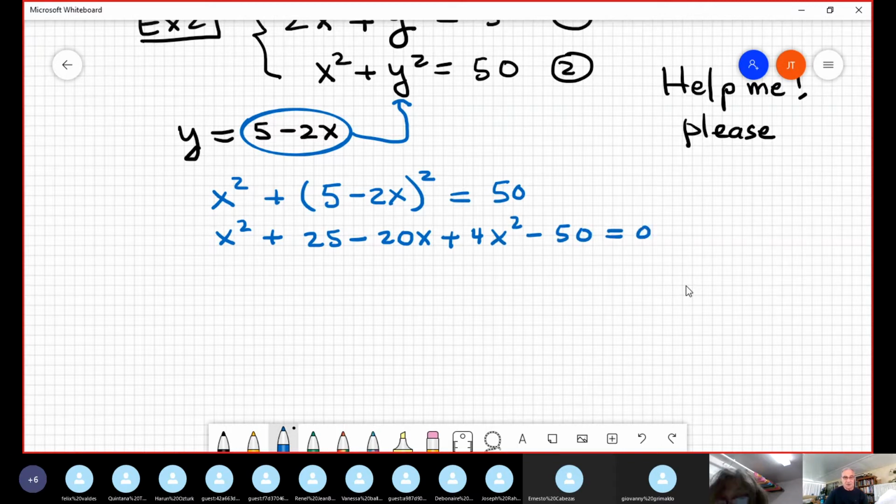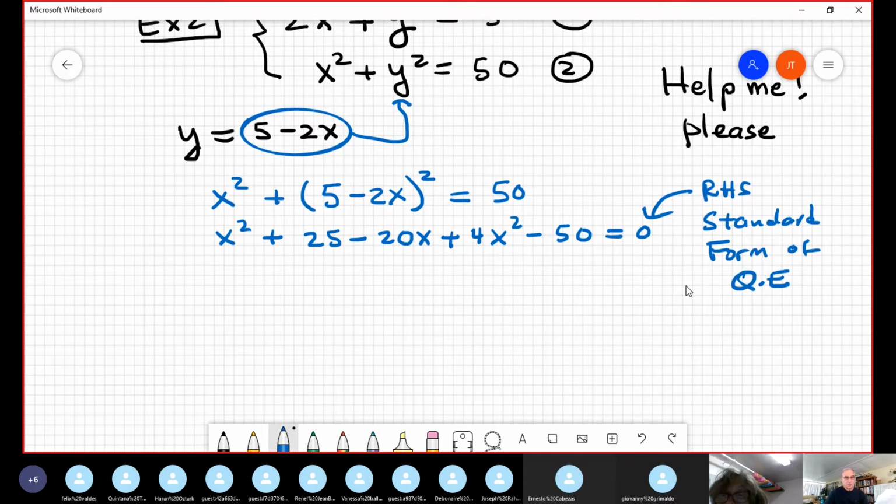I put 0 on the right-hand side because it's the standard form for solving a quadratic equation. Standard form of quadratic equation.